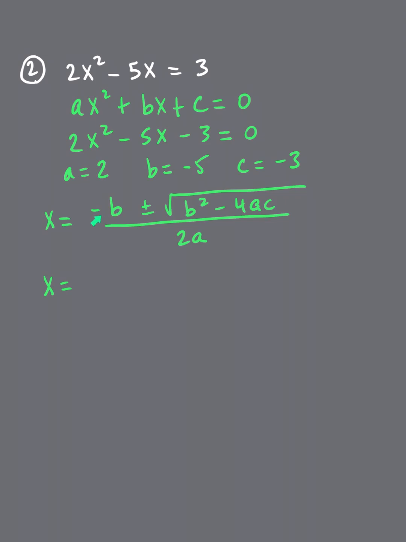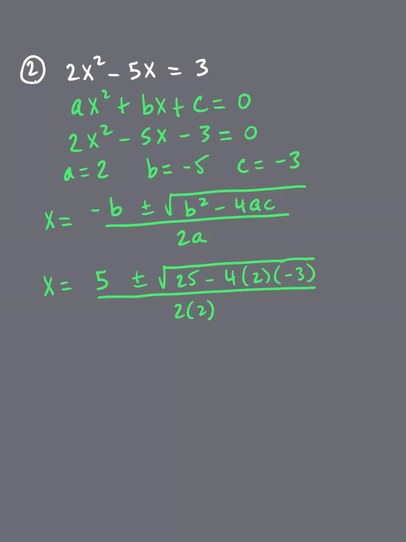So when we do -b here, that will change this number to a +5 here. Then we have b squared. So 5 squared is 25. Minus 4 times a, which is 2, times c, which is -3, all over 2a, which is 2 times 2.